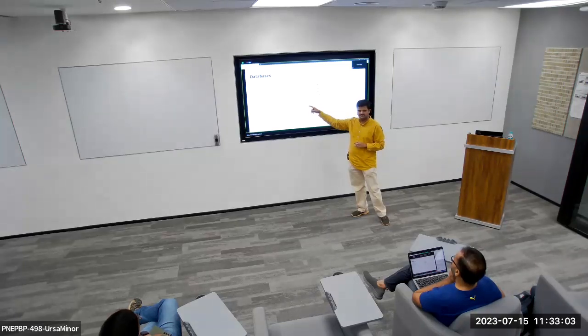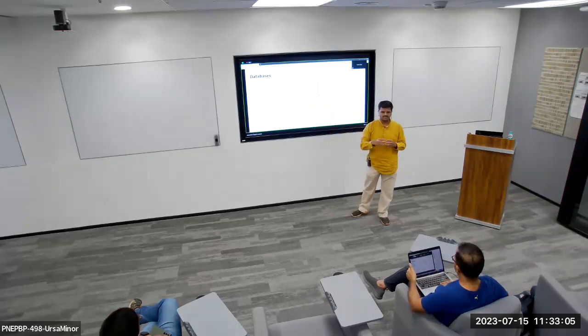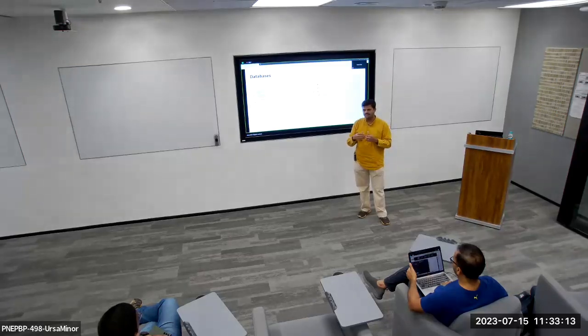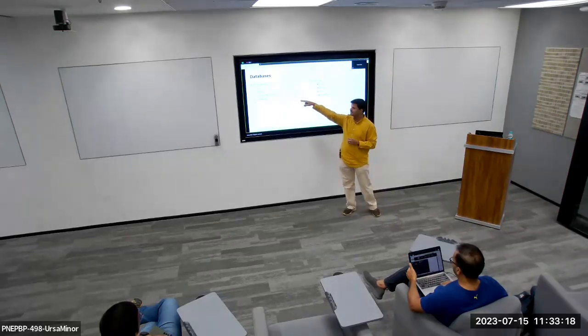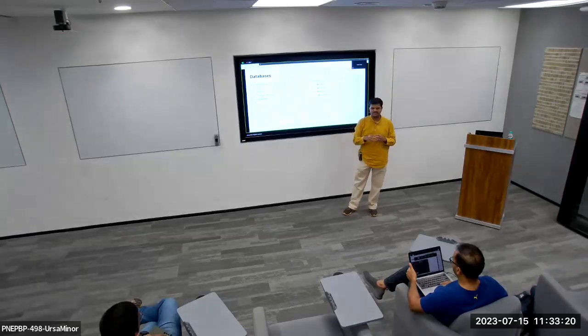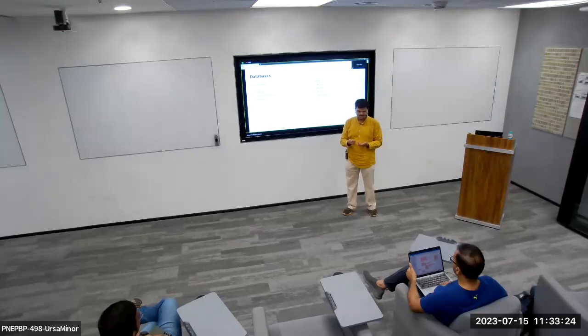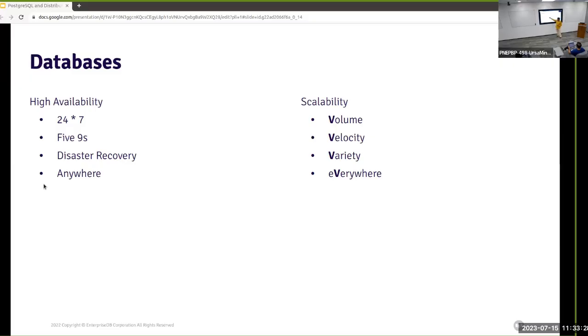At the same time, it's also different. It requires a different thought process in order to be available beyond disasters, whereas the usual availability does not necessarily consider disaster in there. We'll come to that point. And a further progression to disaster recovery is actually being available anywhere.